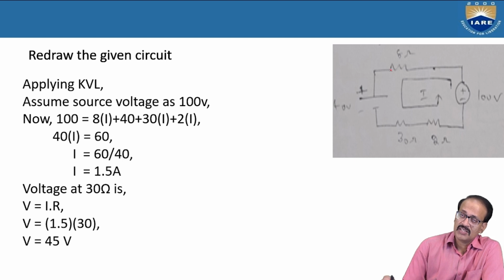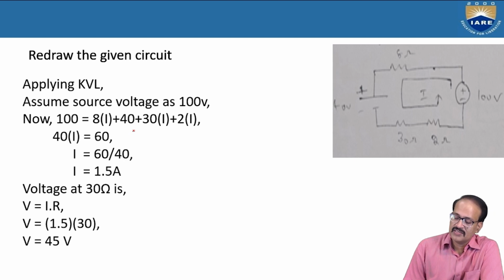V is equal to IR, I is this capital I, into R, resistance 8. So 8 into I plus, and this source is opposite, so plus 40, and 30 ohms, resistance 30 into the current I, 30 into I plus 2 into I.